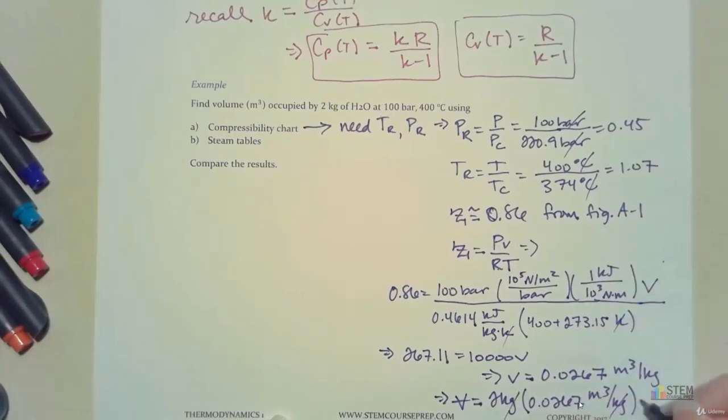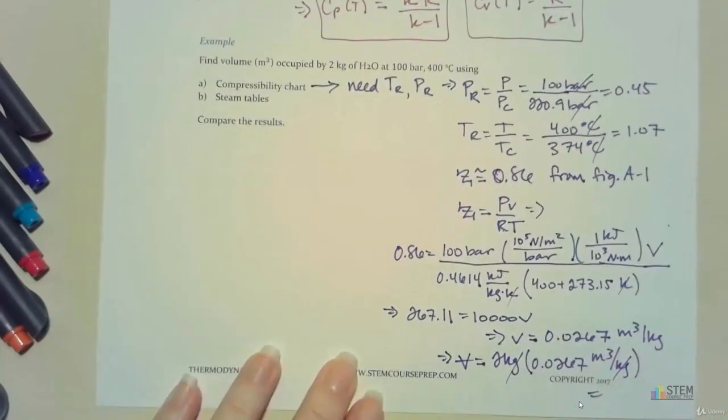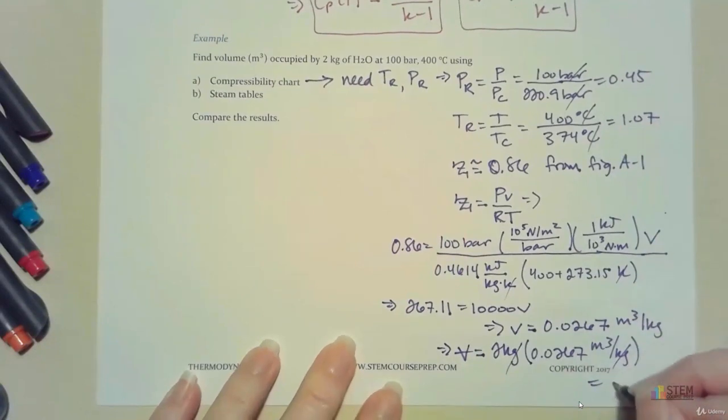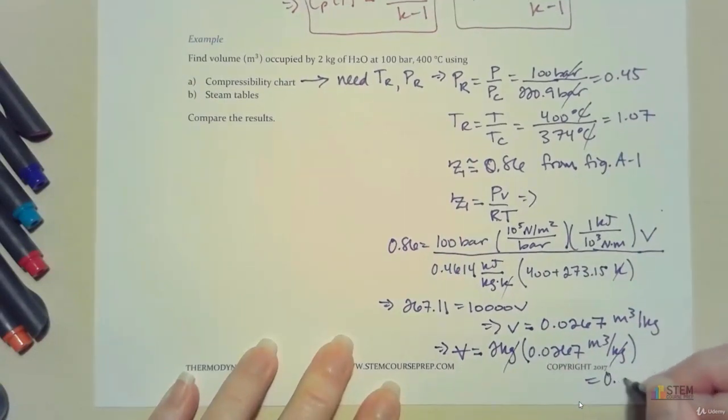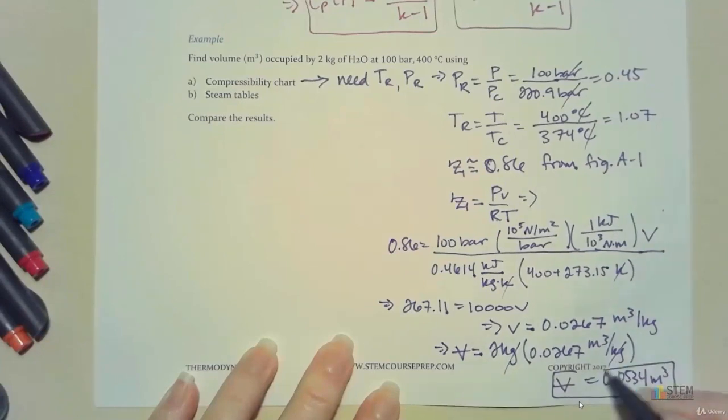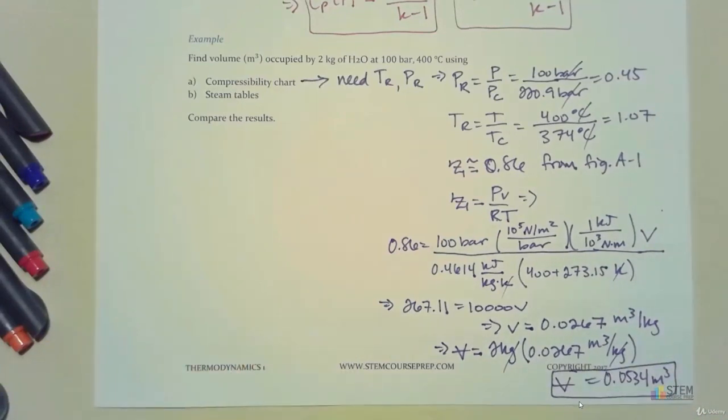Kilograms cancel. Now we're left with units of volume. Our volume then is 0.0534 cubic meters. So this is the volume that we found using the compressibility chart.